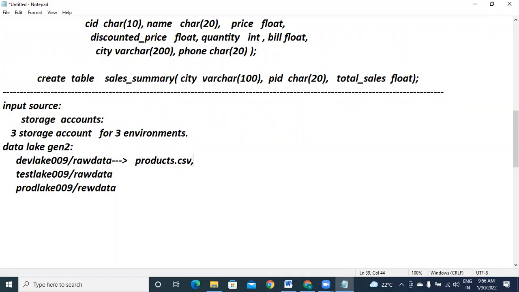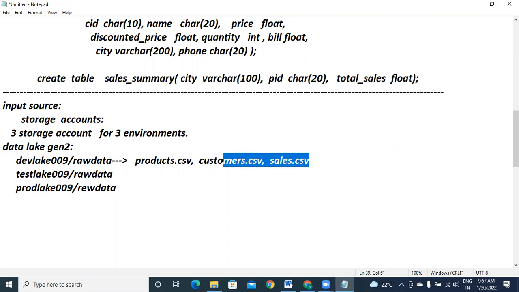Products.csv, that is one file. Customers.csv, second file. Third file, transactions, let's say sales.csv.